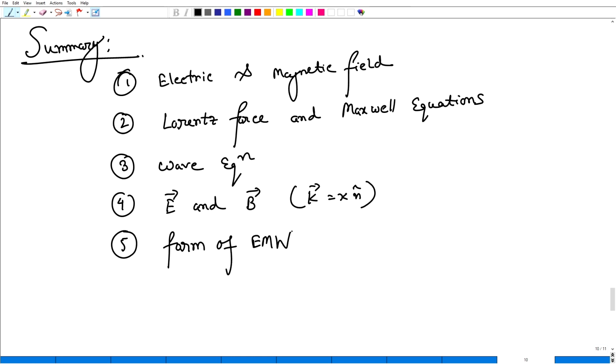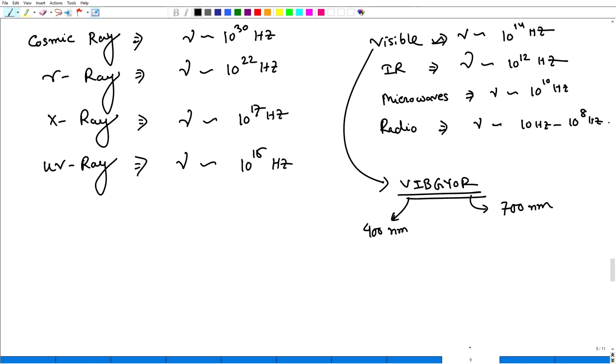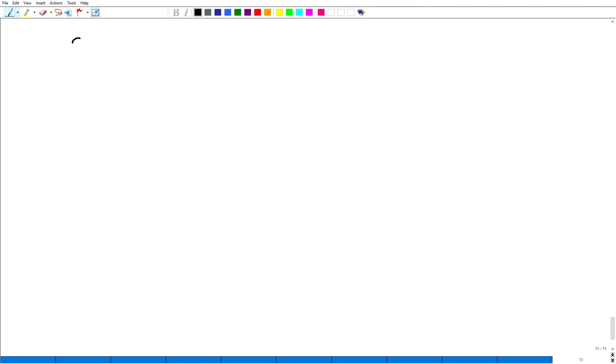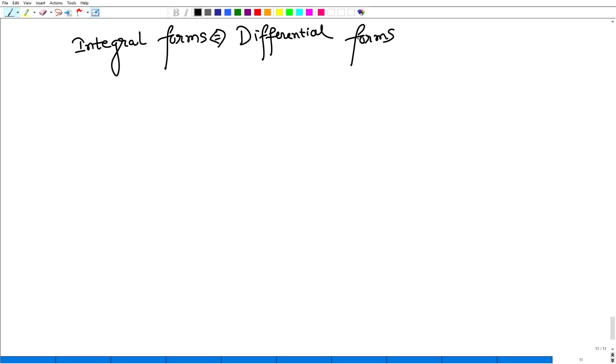Okay. So, this is the summary of our first class. So, in the next class I will write down the integral forms, which are actually the same; the meaning of the integral form is also the same as our differential form, but the notations are different for the integral forms of Maxwell equations, obviously.